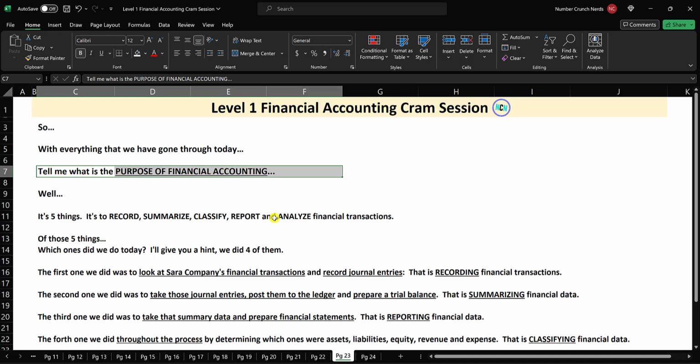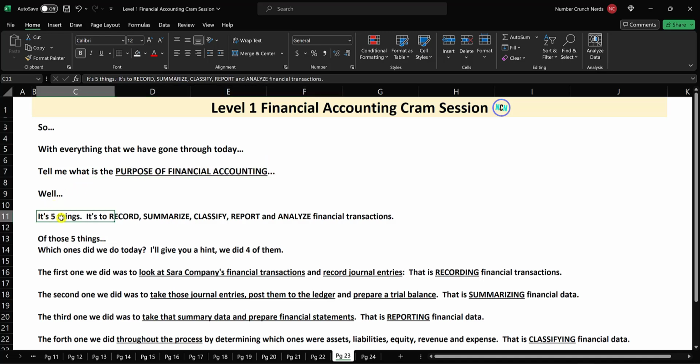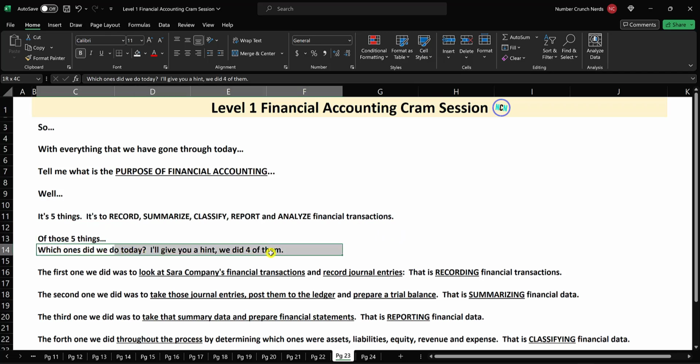So if you really want to learn financial accounting, I mean like for real, not just dabbling around like a lot of other people, then tell me what the purpose of financial accounting is. Well, it's 5 things. It's to record, summarize, classify, report, and analyze financial transactions. Of those 5, which ones did we do today? And I'll give you a hint. We did 4 of them.